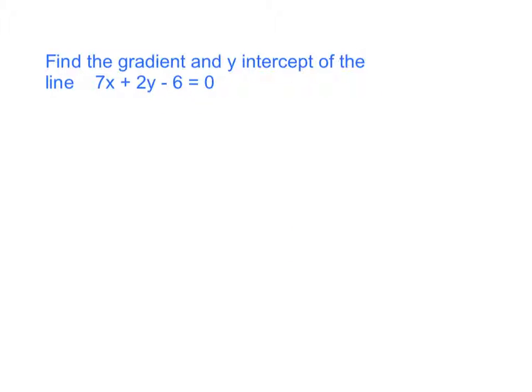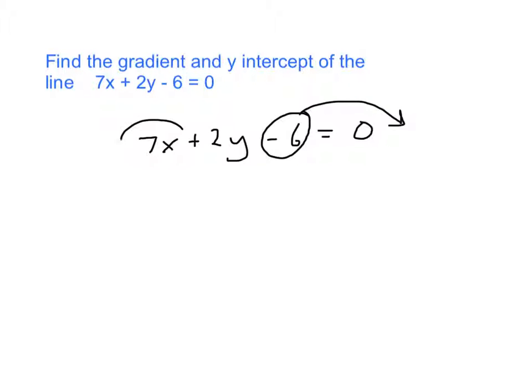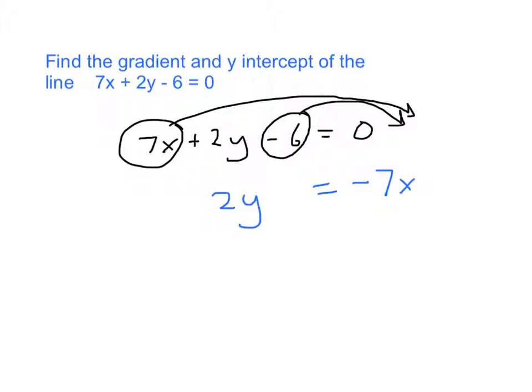Next one, let's do, we've got 7x plus 2y minus 6 equals 0. My y stays there. This number has to go across the other side. This is a plus 7x, has to go on the other side. So I have 2y equals, now my 7x becomes a minus 7x, minus 6 becomes plus 6.